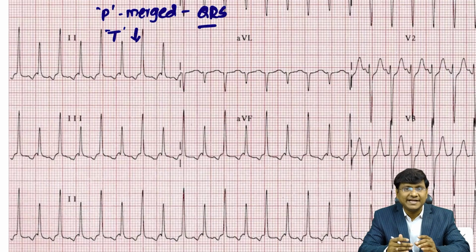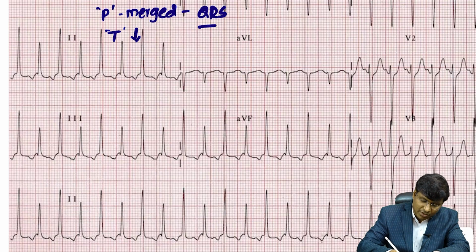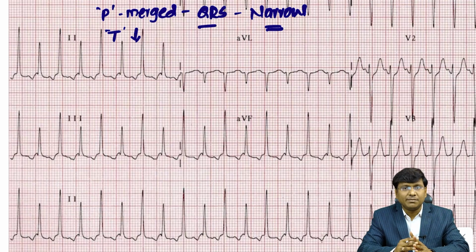And the QRS complexes, if you see, are narrow QRS complexes. That is what you will observe in case of paroxysmal supraventricular tachycardia.